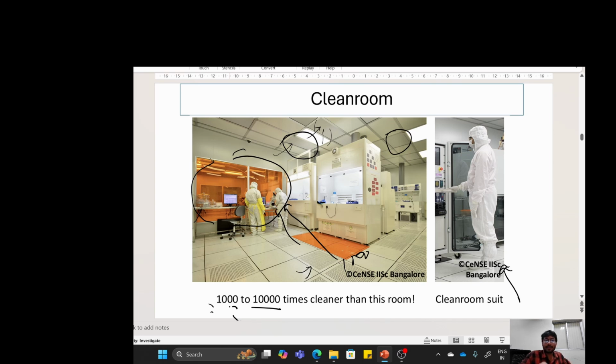Here you can see there are no HEPA filters in this region, but in the lithography area the whole roof is covered with HEPA filters. Running that is highly costly.